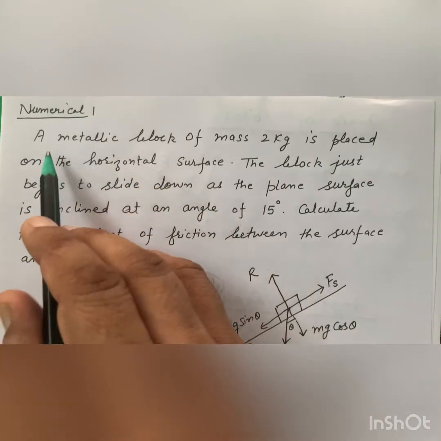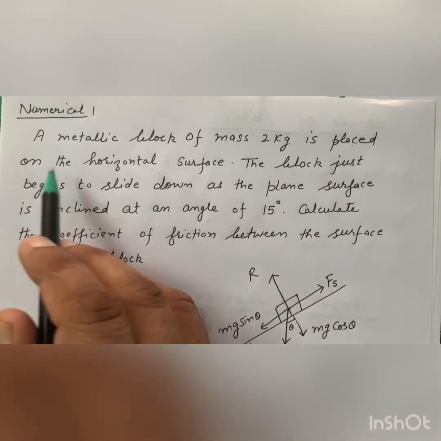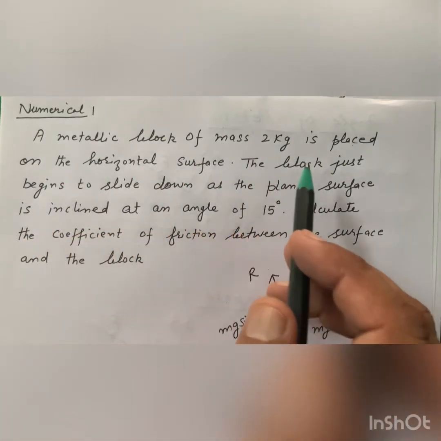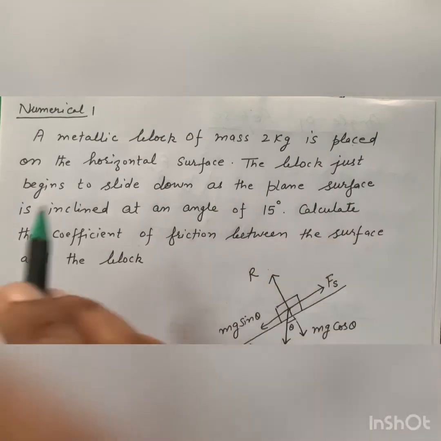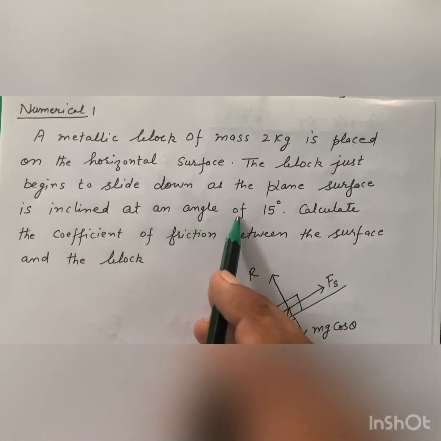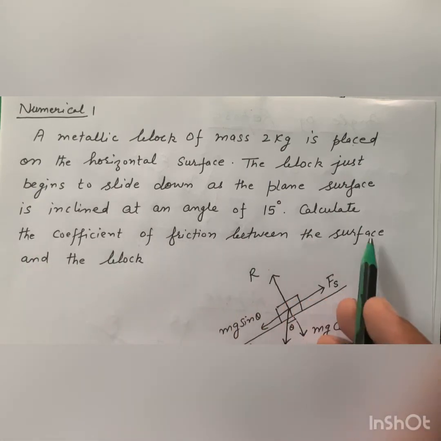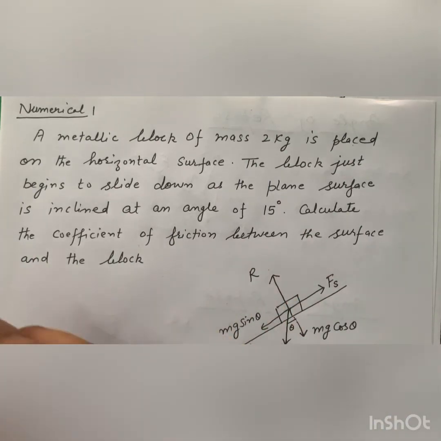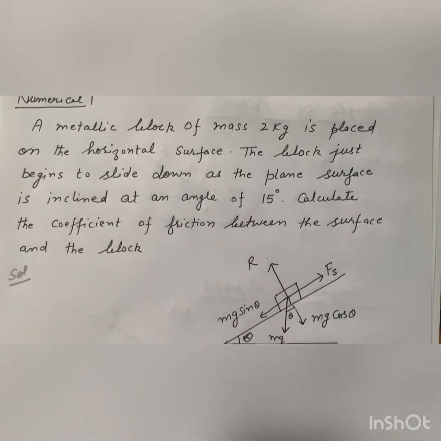Numerical 1. A metallic block of mass 2 kg is placed on the horizontal surface. The block just begins to slide down as the plane surface is inclined at an angle of 15 degrees. Calculate the coefficient of friction between the surface and the block. Solution. Here this diagram is given.